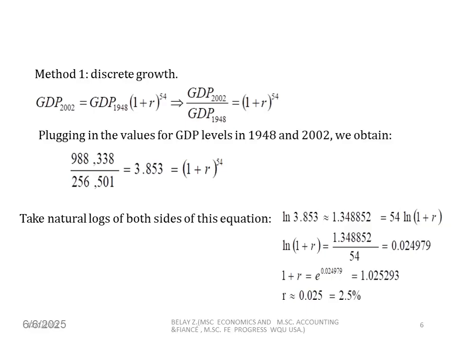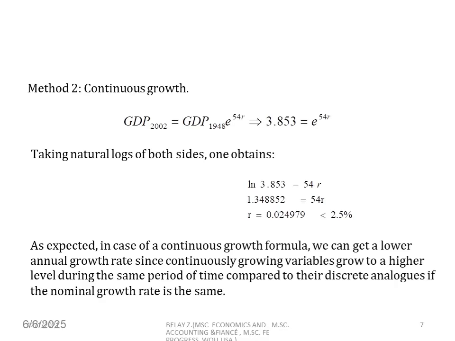This is how we can calculate using the discrete method. Now continuous growth: GDP of 2002 is equal to GDP of 1948 times e to the power of 54r, so 3.853 is equal to e to the power of 54r.